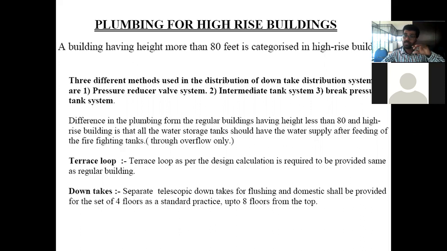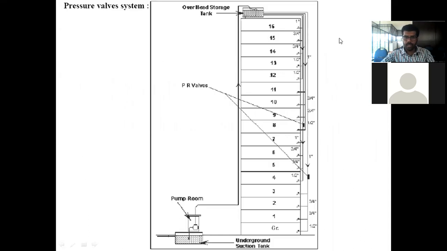So for the first set of 4 floors, we will give 1 connection. Then for the next set of 4 floors, we will give another connection. And again for another 4 floors, another connection. Okay, that is the way we decided. You can see here, 1 pipe is taken from the top and it reaches the ground floor. And you know that the water is coming from the top of the 16th floor.